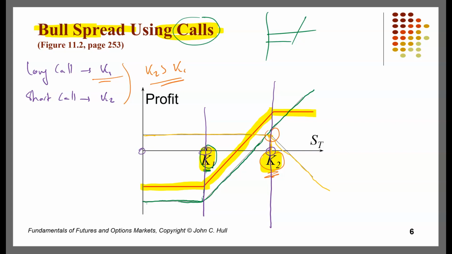To do that, we're going to go back to our board and replicate that bull spread graph. Our bull spread is going to look something like this. We have the long call with the low strike price, and then the short call with the high strike price.